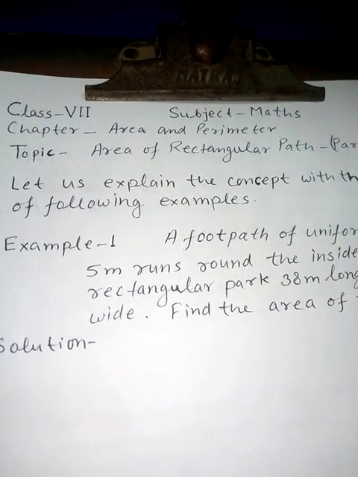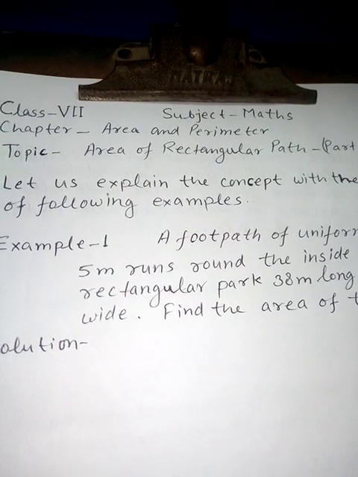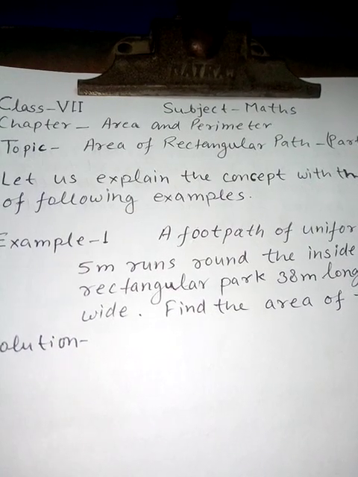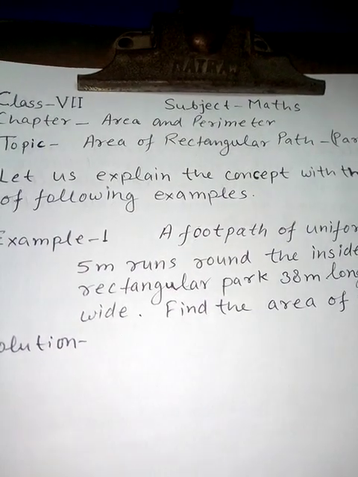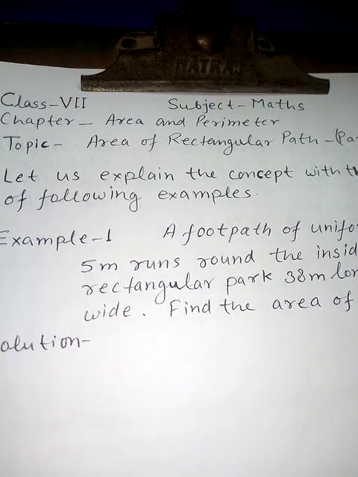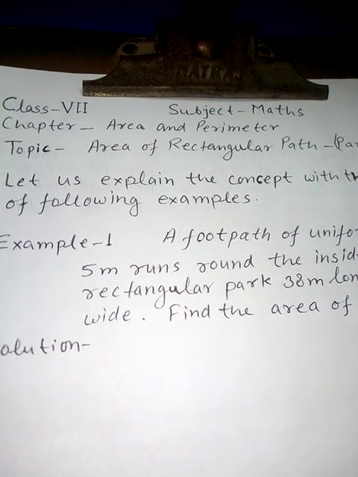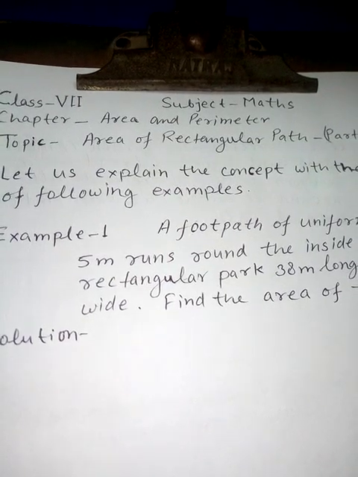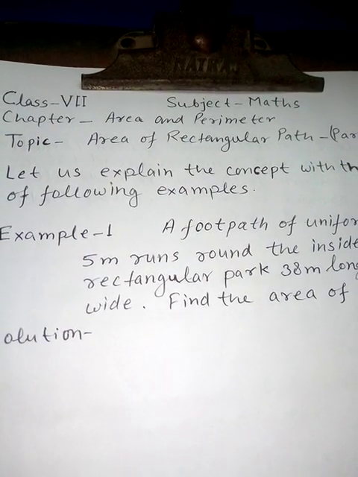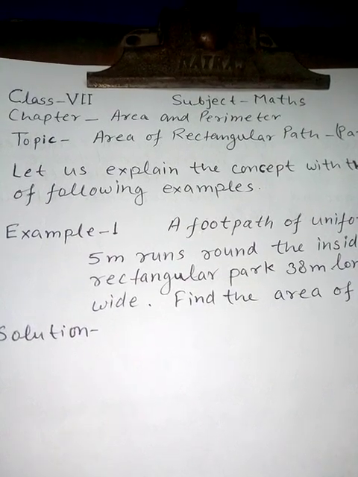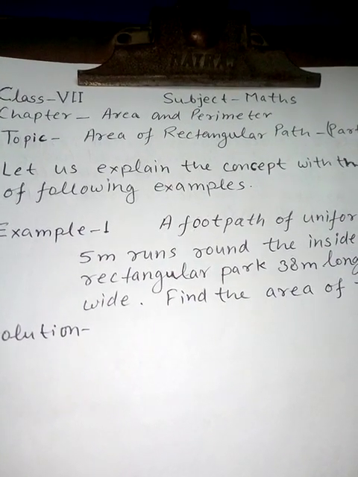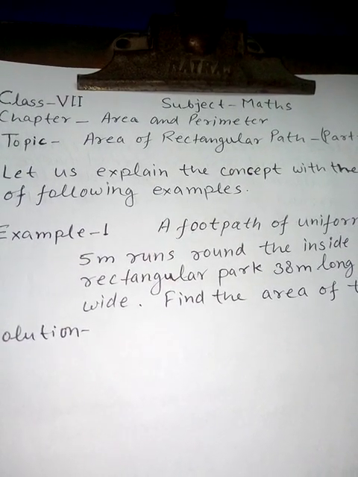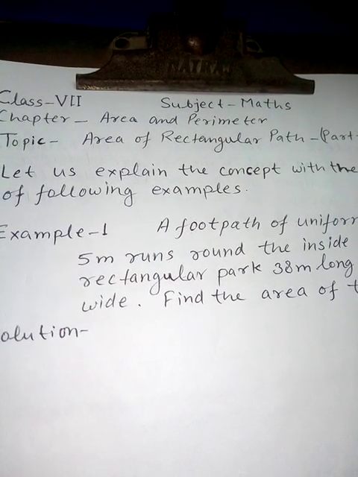First of all, we have to recall that area of a rectangle is length into breadth square unit, and perimeter of a rectangle is 2 into (L plus B) unit. And then we are going to understand area of rectangular path.